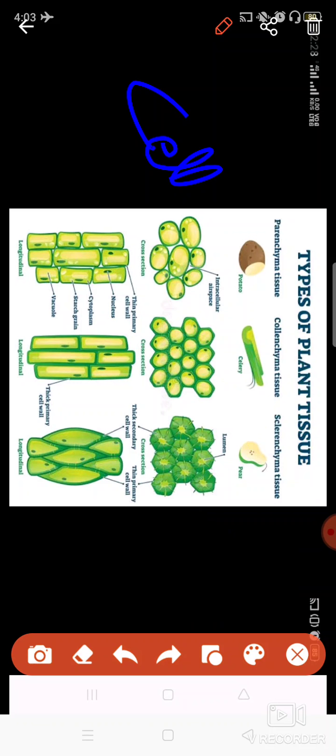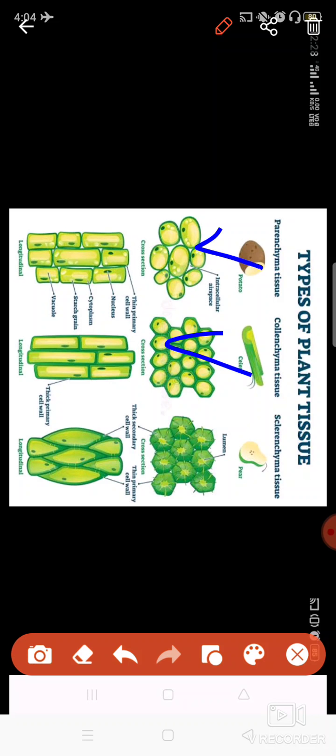Parenchyma is found in the filling areas, collenchyma in the nodes, internodes, branches or the petiole of the flower or stem, and sclerenchyma in protective areas like the covering of the fruits and the seed coat.